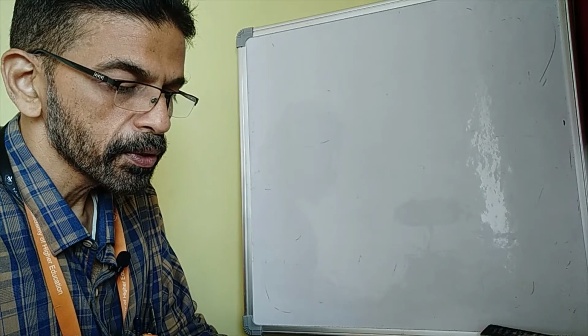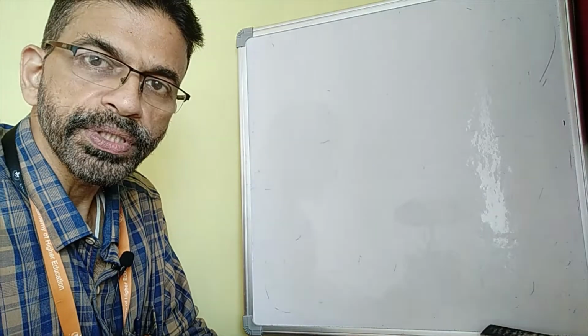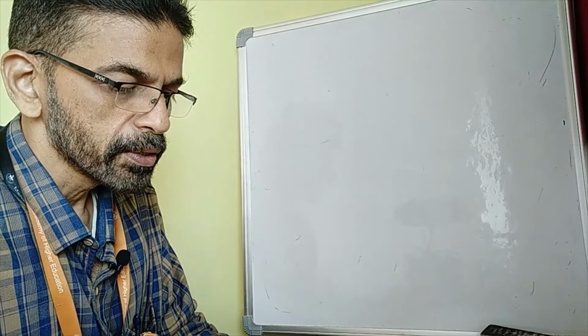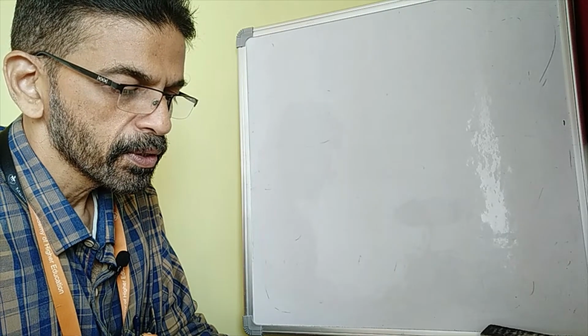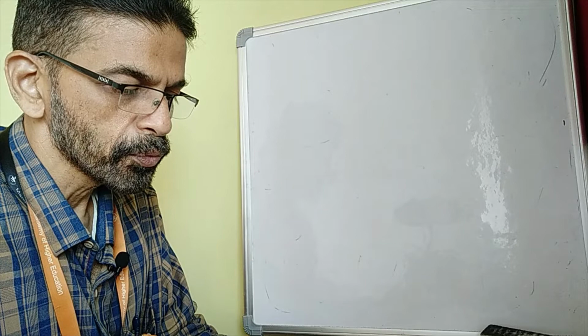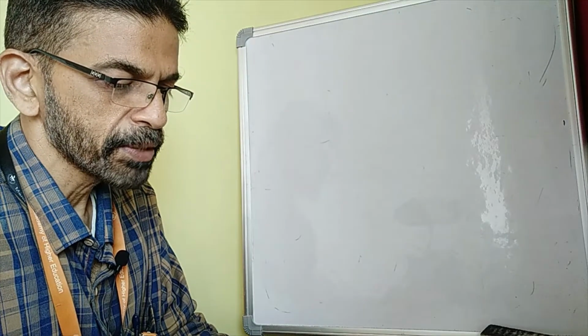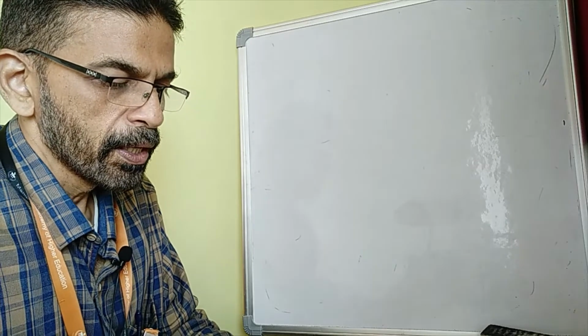Now, before we move on to the next higher level modulation scheme, we have to quickly take a look at two examples. This is the right time to discuss these two examples.